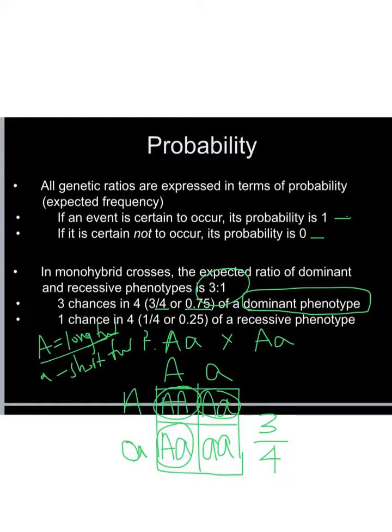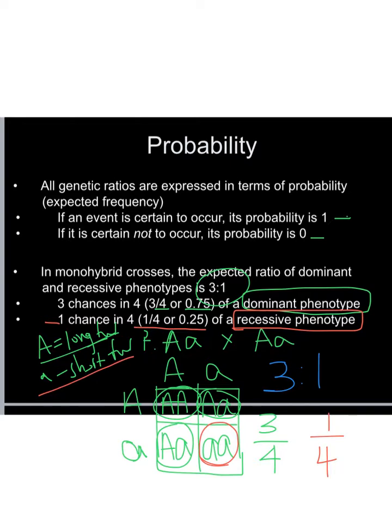We'd have a 1 in 4 chance, or 25%, of a recessive phenotype. Our recessive phenotype here is short fur, so only 1 out of our 4 offspring would have a recessive phenotype. We call this a 3 to 1 ratio, so 3 dominants to 1 recessive.